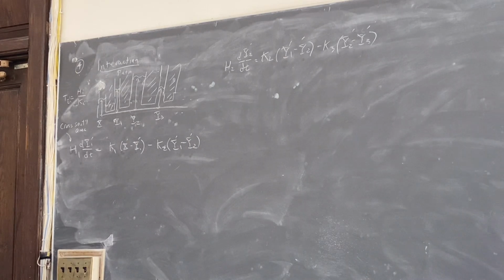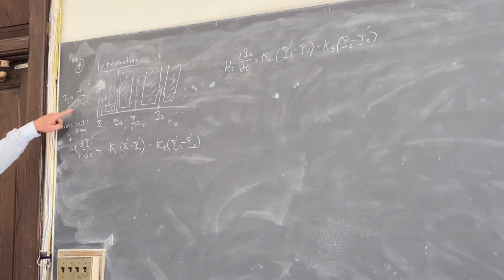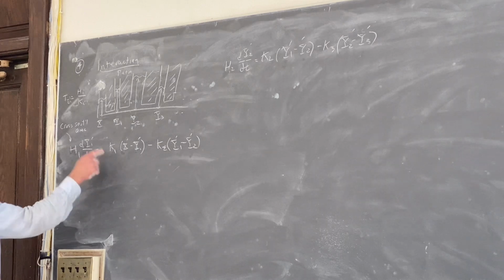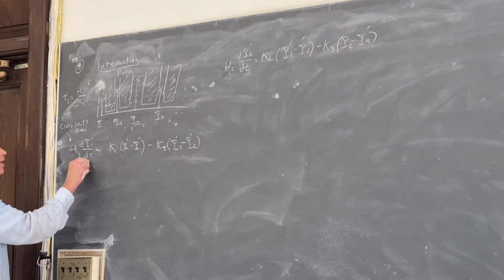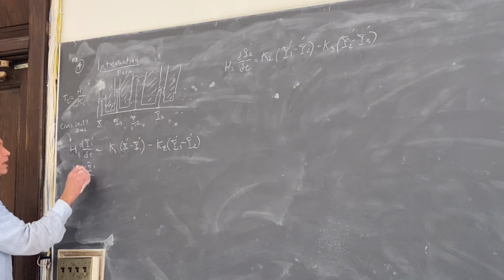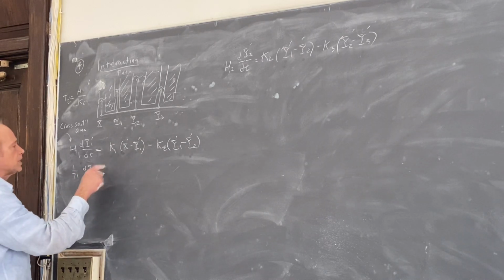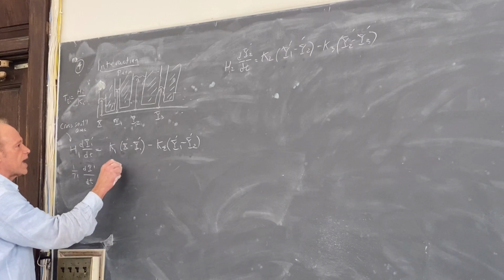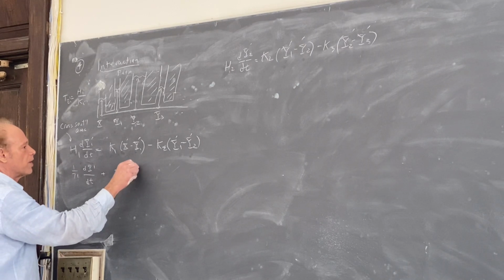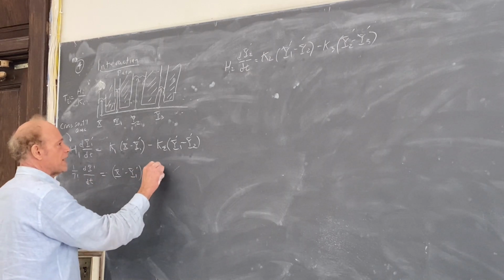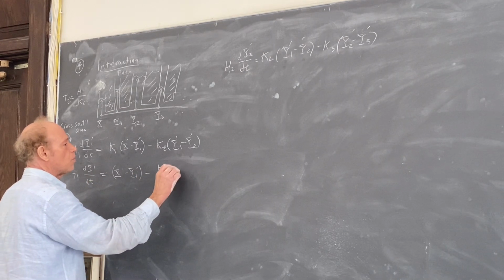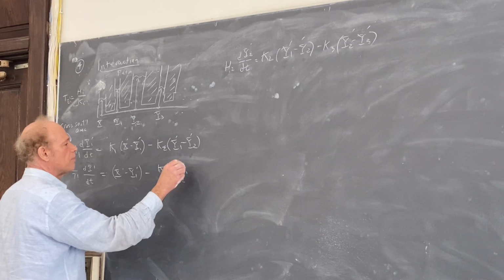Okay, so ready? We're going to do some algebra. Before I do algebra, I want to get rid of all the h's, so I'm going to divide by k1, and this becomes 1 over t1 dy1 prime/dt. Plus, when I divide by k1, I have x prime minus y1 prime minus k2 over k1 times y1 prime minus y2.